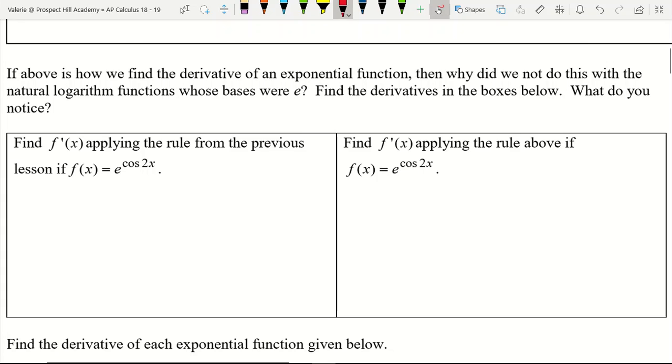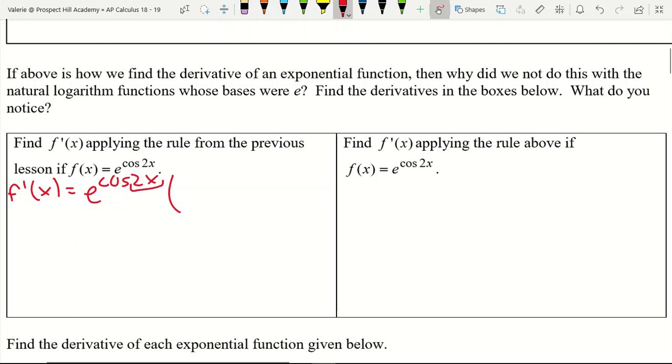So the previous lesson told us that to find f prime of x, we take the original function, e to the cosine 2x, and we multiply it by the derivative of the exponent function, cosine 2x. This is a chain rule problem, so the 2x is its own baby.